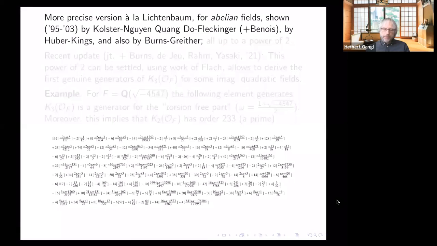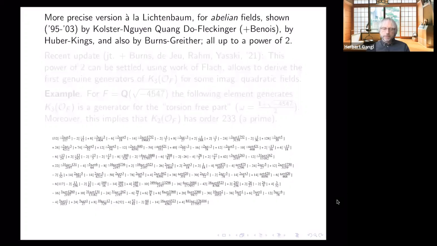Originally, Kolster, Nguyen-Quang-Do, and Fleckinger had a version, but with erroneous Euler factors, which then were corrected by Nguyen-Quang-Do and Benoit. It was also proved by Huber and Kings, and then also by Burns and Greither, in the context of Tamagawa number conjectures. But all of these were given up to a power of 2 only.